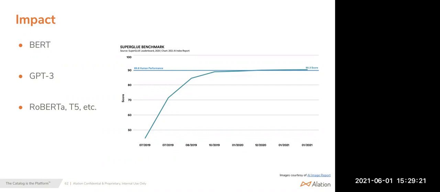I just want to point out the x-axis here. The introduction of SuperGLUE was because the GLUE benchmark had been considered essentially solved, at human level performance or greater. They introduced SuperGLUE, and within a very short period of time, also reached human performance.